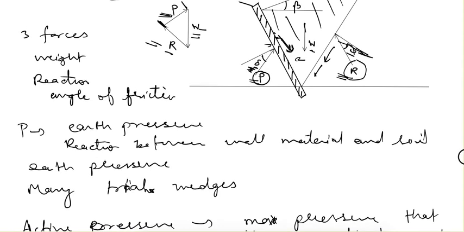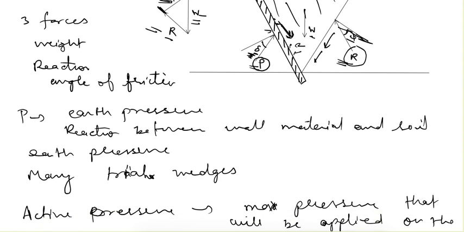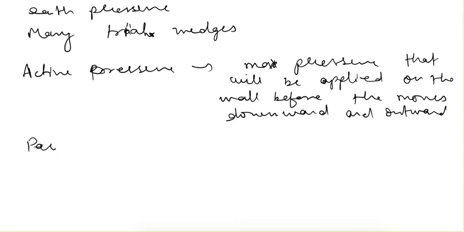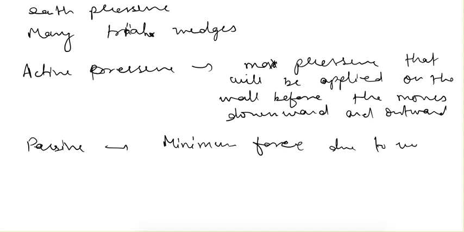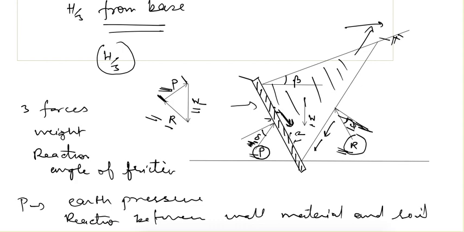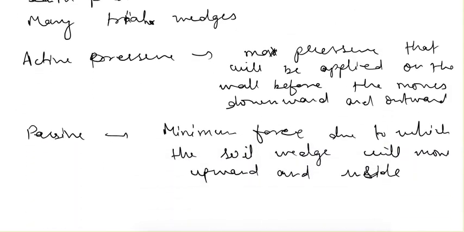So the maximum force that will be applied on this wall due to the soil mass will give us the active earth pressure, whereas passive earth pressure will be the minimum force due to which the soil mass or the soil wedge will move upward and inward, because in case of passive earth pressure it will go like this, so this soil wedge will move upward and inward. So this is the case.